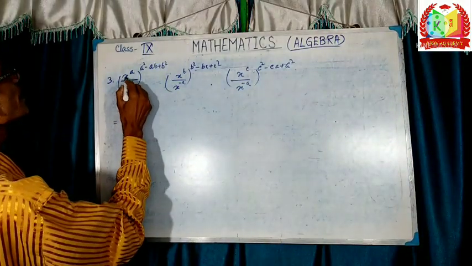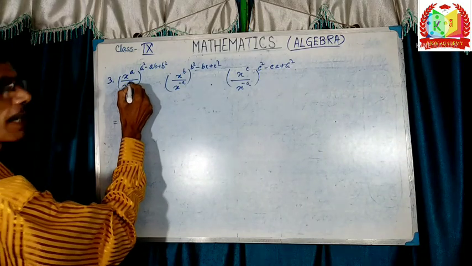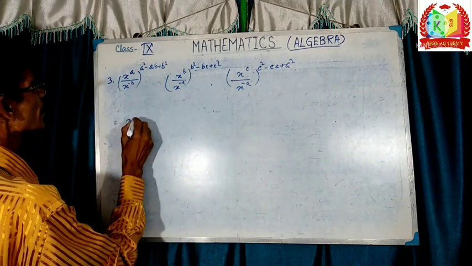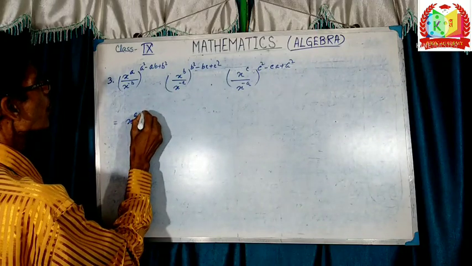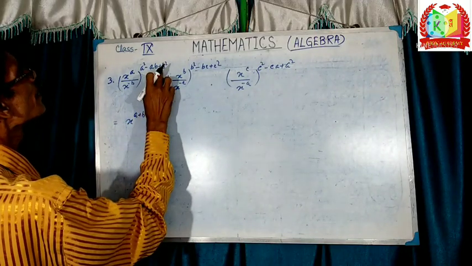First, x to the power a by x to the power minus b is x to the power a plus b, whole to the power this.